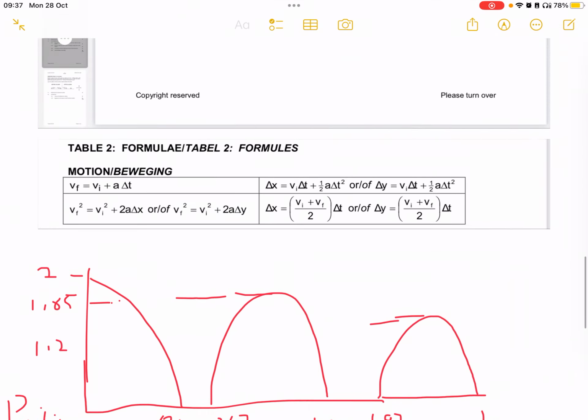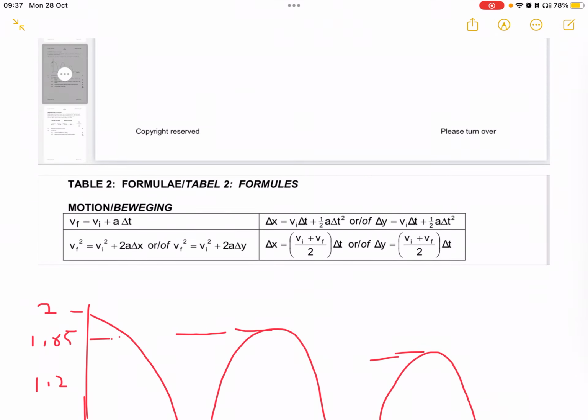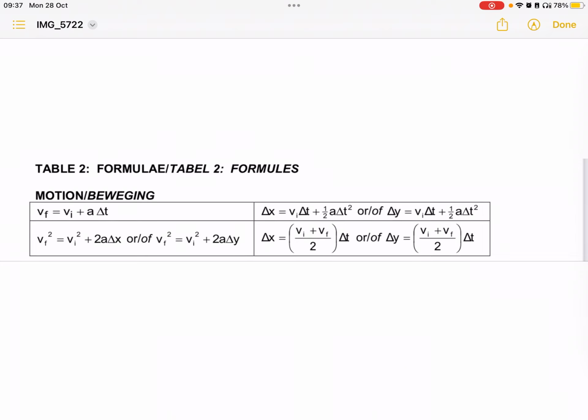So yeah, here's what we should take out. We will be using these formulae, which are called the equations of motion. The first one, you use it when you have a final velocity, an initial velocity, an acceleration and time.